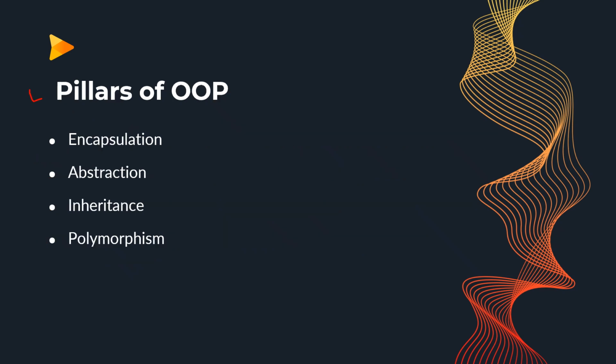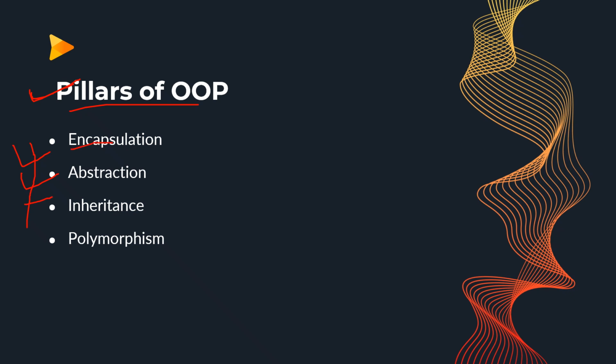Now we are going to see the pillars of object oriented programming. This is very important. An interviewer can ask this question: what are the pillars of object oriented programming? You have to know this. We will cover all these things in separate videos, but let us understand the names of all these pillars.